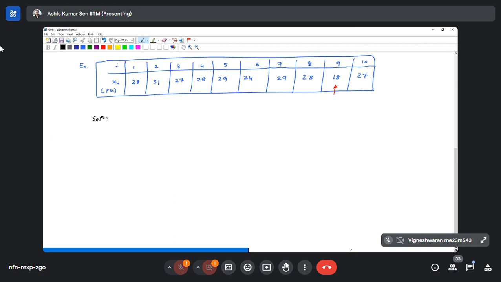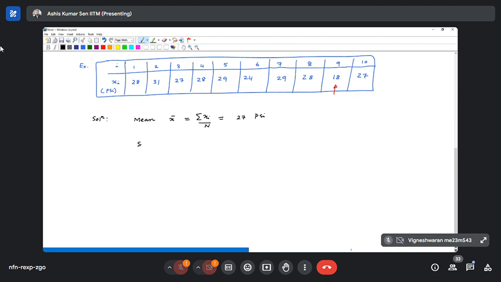For using this technique, we have to find the mean. The mean is the sum of xi divided by n. If you add all these xi's and divide by n, which is 10, you can find the mean to be 27 psi.